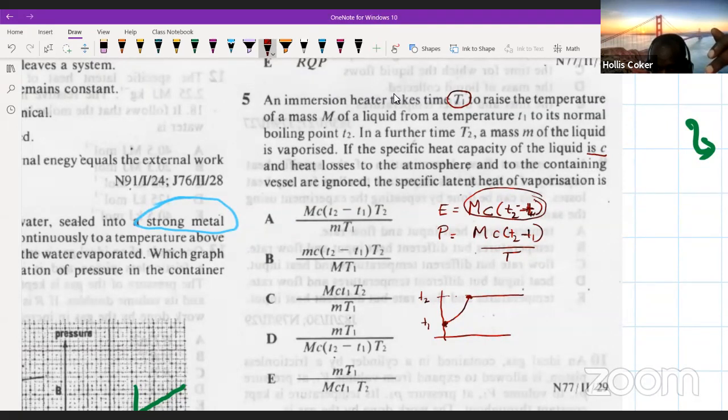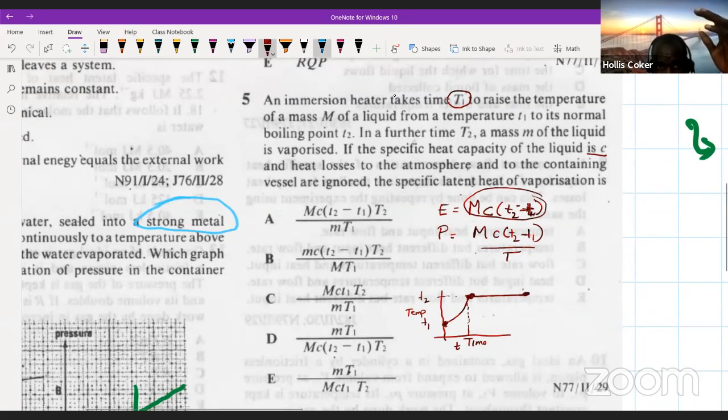That's temperature against time. Right, so this first part takes T1 seconds. And in the second part, what's actually happening is that molecules are going from the liquid phase into the vapor phase. So you're going directly to the vapor phase, and here it's all evaporated.